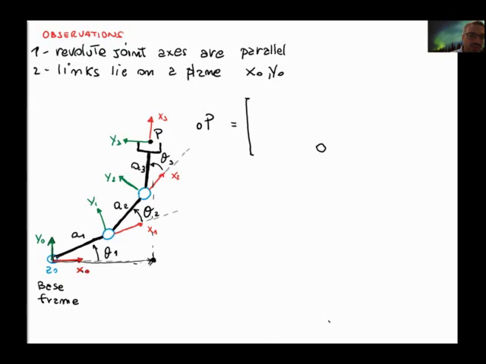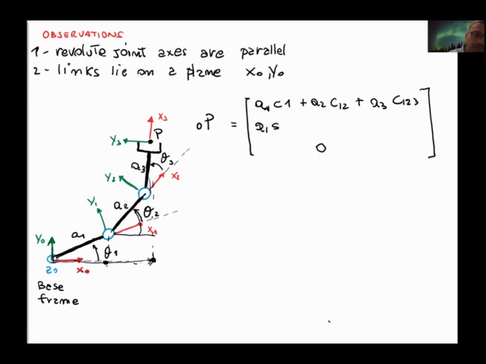We see that this segment is composed of the first link times the cosine of the first joint angle, then the second link times the cosine of this angle, that is the sum of the first and the second joint angle, plus the third link length times the cosine of theta 1 plus theta 2 plus theta 3, the sum of the three angles. And the same for the sine.